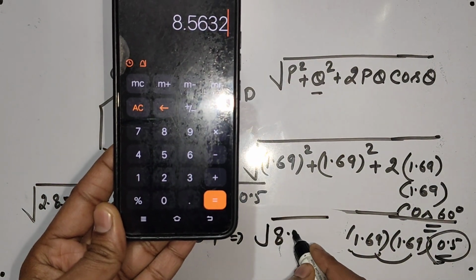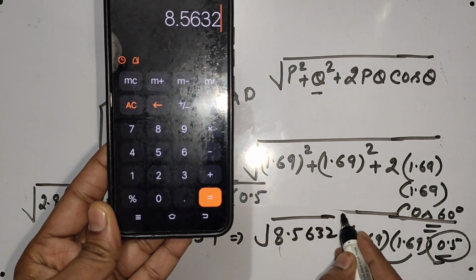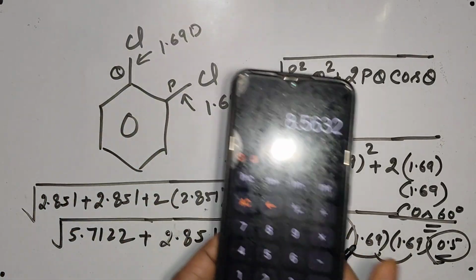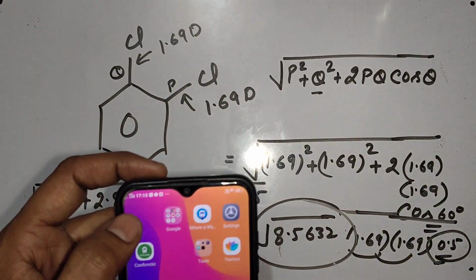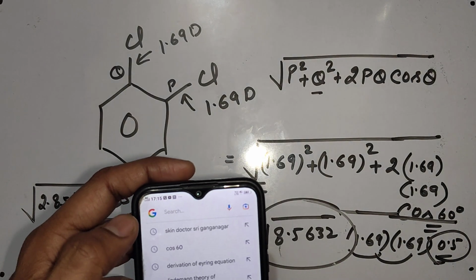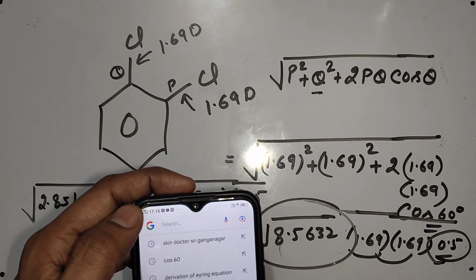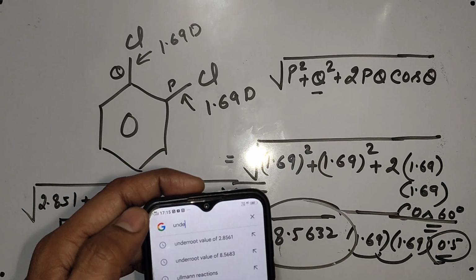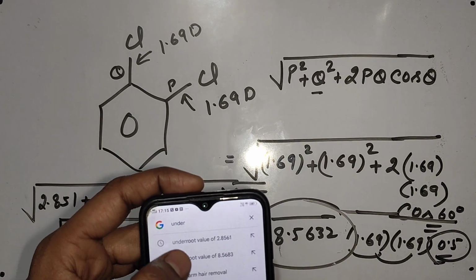Root 8.5683. Let's find out the under root value of 8.5683 directly from Google.